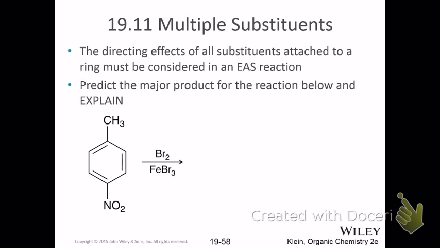Now, if I asked you how this nitrotoluene was made, don't worry about the Br2 part, what would you have done? What group went on last?